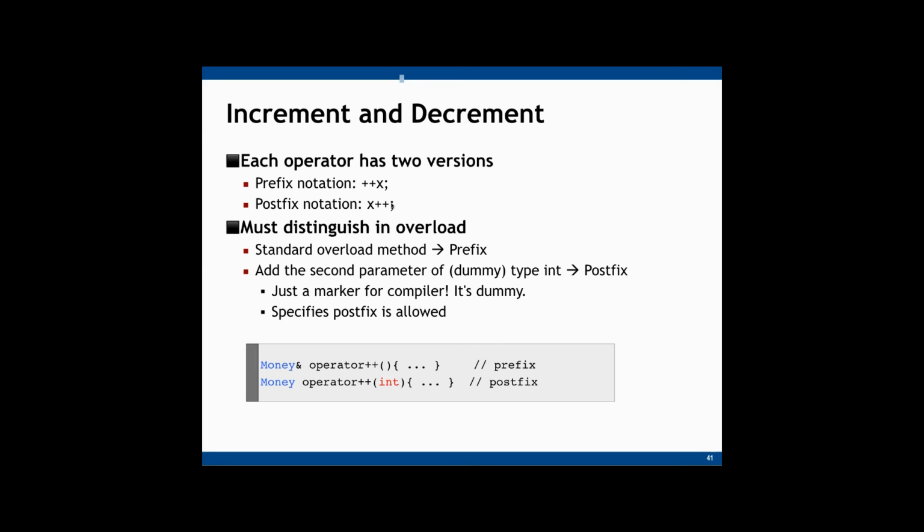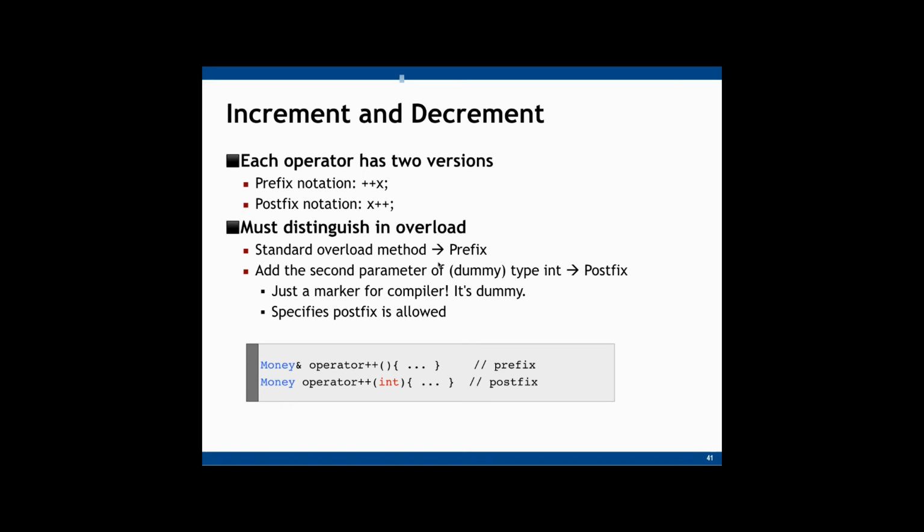And because they use the same operator symbol, the plus plus, whether it is prefix notation or postfix notation, you need to somehow be able to distinguish between them so that you can overload this plus plus operator accordingly. The way to distinguish them is to add int type of second parameter.